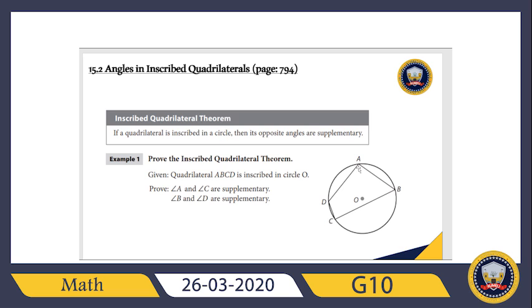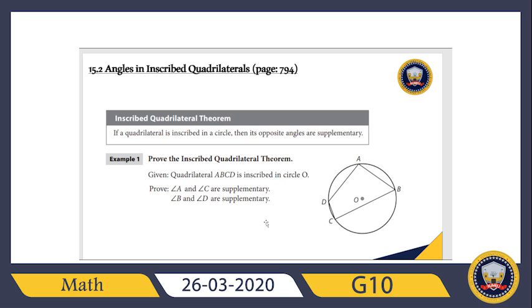Meaning what? Meaning if you have any type of quadrilateral inscribed in a circle, then the opposite angles A and C will add to 180, and D and B will add also to 180. But there is no special rule or theorem telling something about the measurements of consecutive angles, meaning A and D, or D and C, or C and B, or B and A. So remember, this rule is only for opposite angles, pairs.